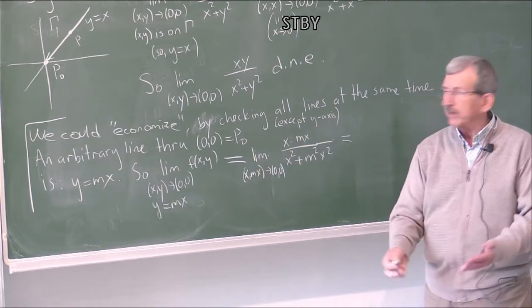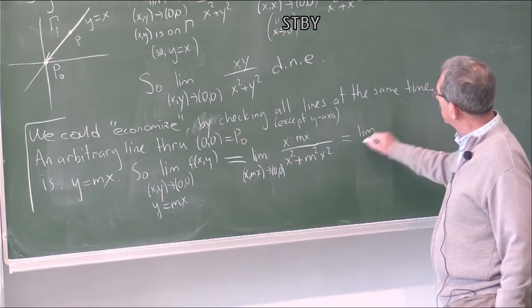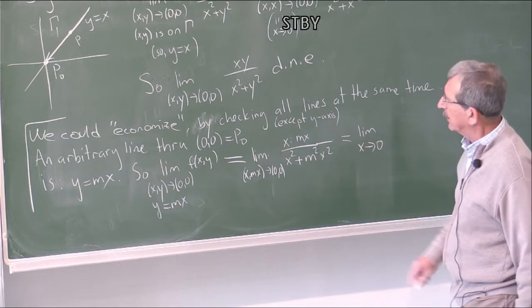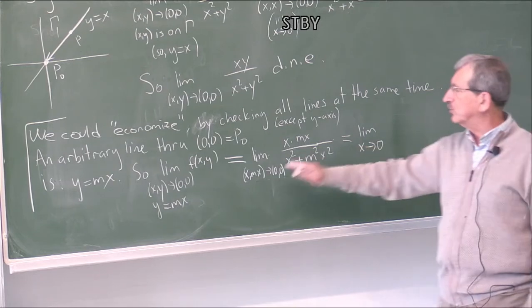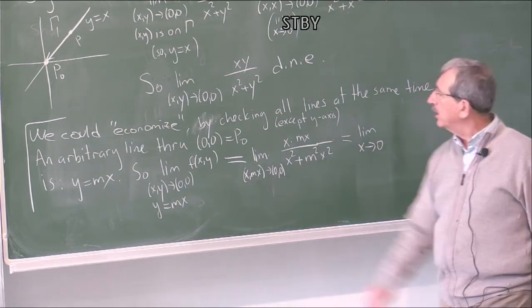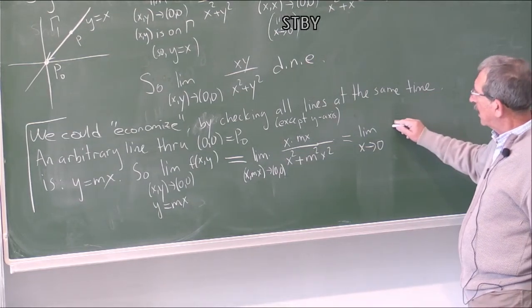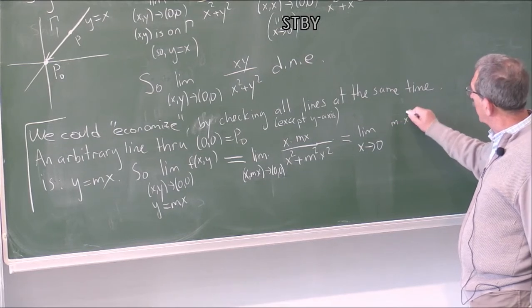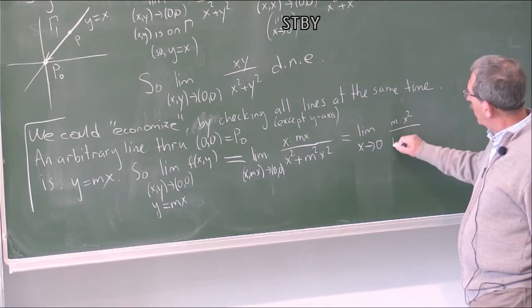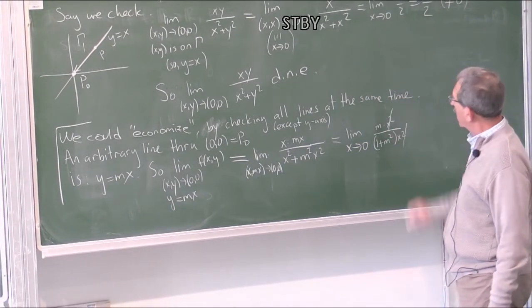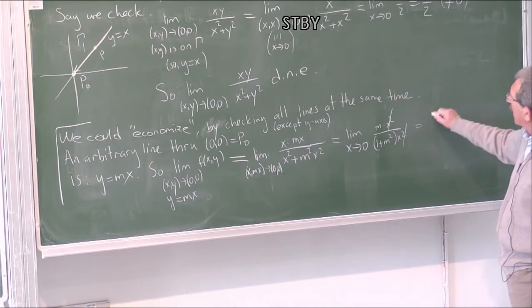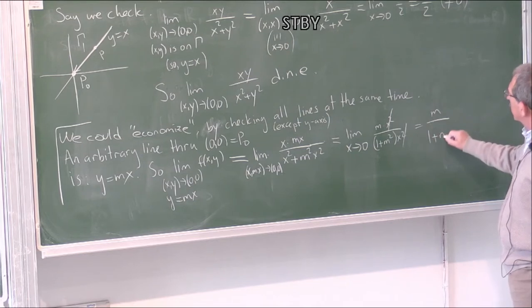They say the same thing, so it's the same as x going to 0. So this is m x squared over 1 plus m squared x squared. x is not 0, so this is m over 1 plus m squared.